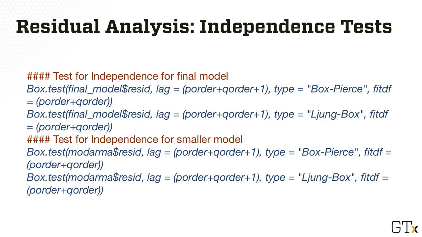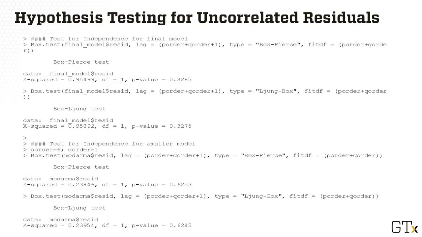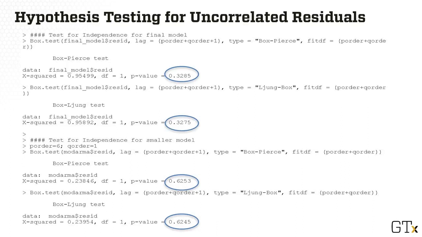And last, the degrees of freedom of the fit, which is the sum of the orders. I applied this test for both the ARMA 5,5 final model as well as for the smaller ARMA 6,1 model. This is the output for this implementation with a summary of each of the tests.